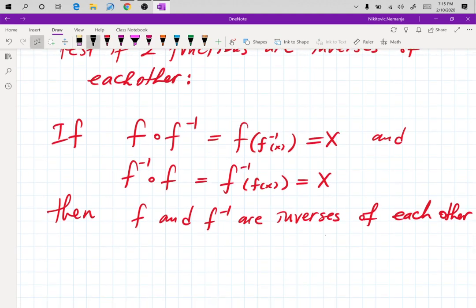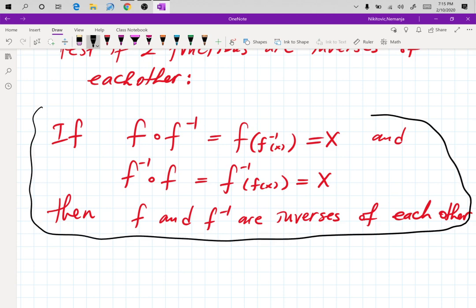What you are learning here is the theorem, which tells you how to check.